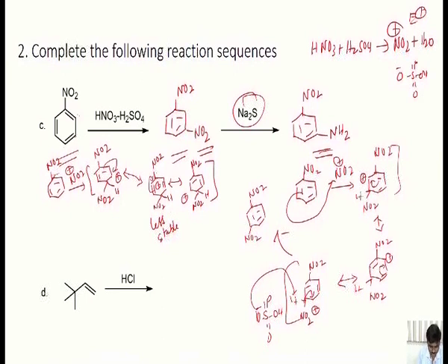Now let us look at the next example, reaction of this alkene with this HCl. It can undergo, this is an electrophilic addition reaction, and you will be able to have a carbocation intermediate.